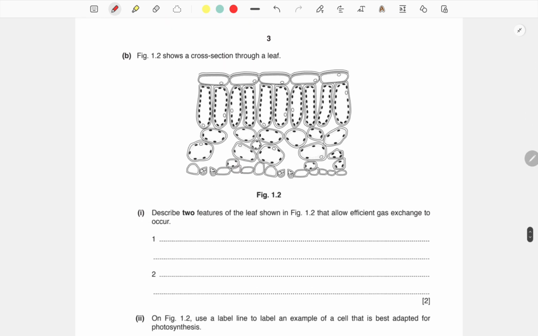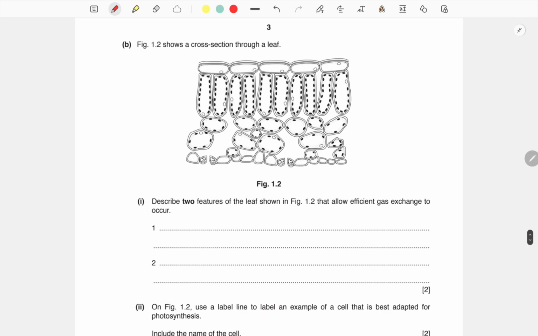Next question is about the cross-section of a leaf, and the question is asking us to describe the 2 features that allow for efficient gas exchange. So that's a key word here, gas. And when you see the word gas, think of these large air spaces in the leaf, as well as the holes, which are the stomata.